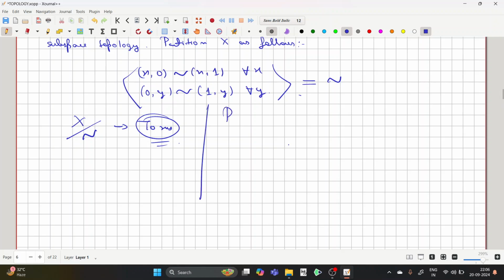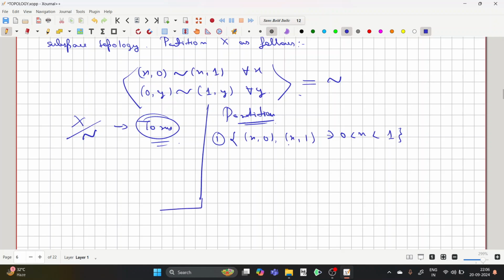So what are the partitions induced by this relation? Clearly one partition we will get is of this form: elements of the form x0 and x1, because each x0 is identified to each x1, and this happens for all x such that 0 is less than x is less than 1.